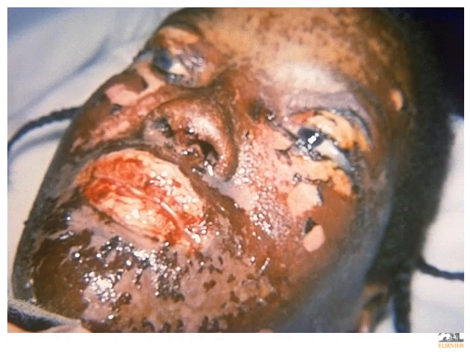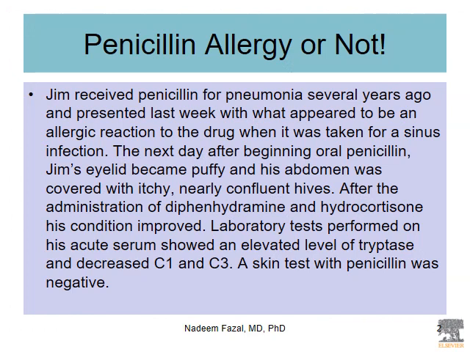The question basically is that in this particular case, you can read the history where a person receives penicillin for pneumonia several years ago. So that's a typical sensitization phase.